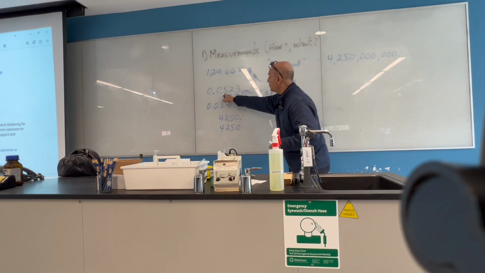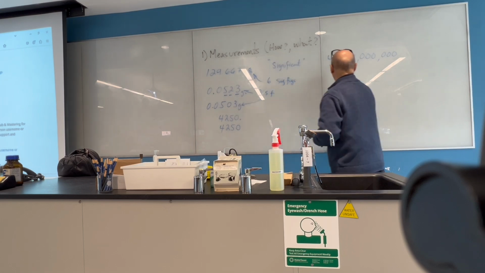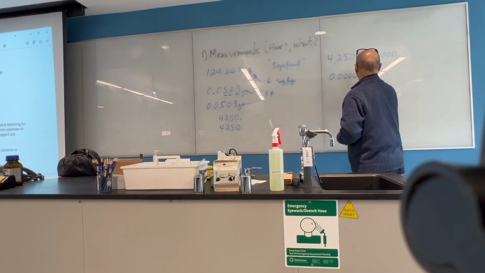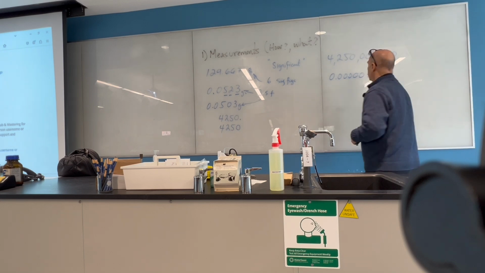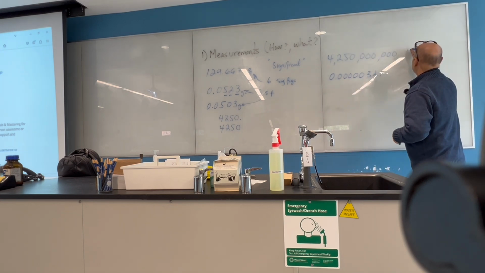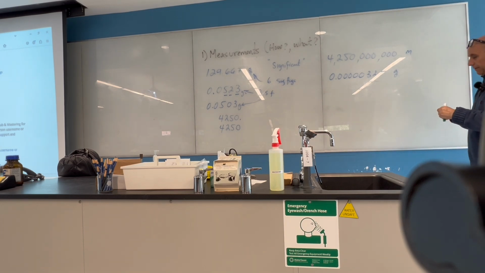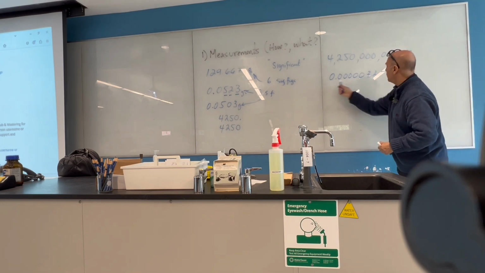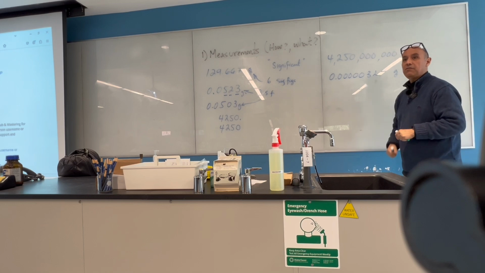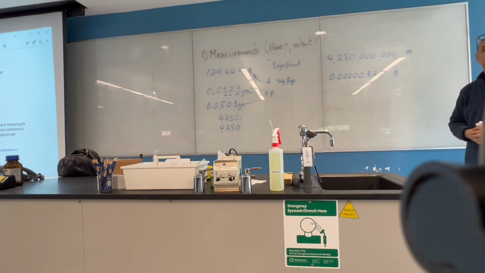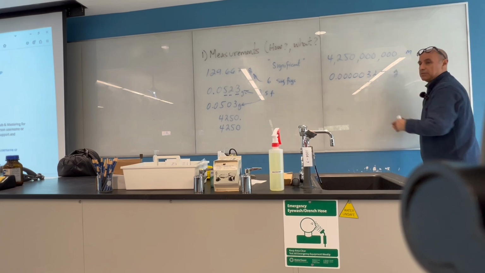Just as these placeholders were there, the same applies to a small number, 0.000000021. Let's call these meters. Let's call these grams. These zeros in front of the 3 are not significant because they're just telling you that this is a very small number. And they're telling you the size, but it's a small number.